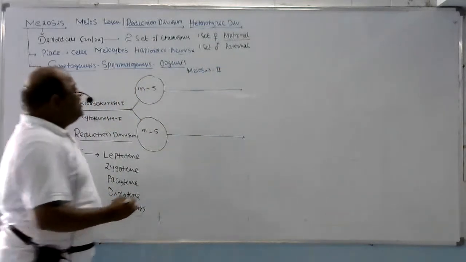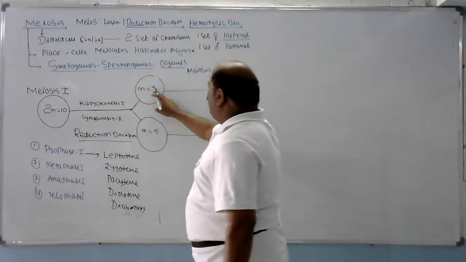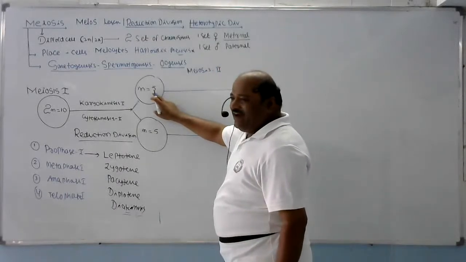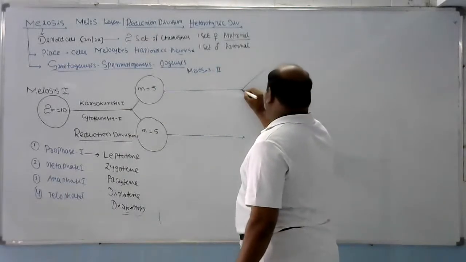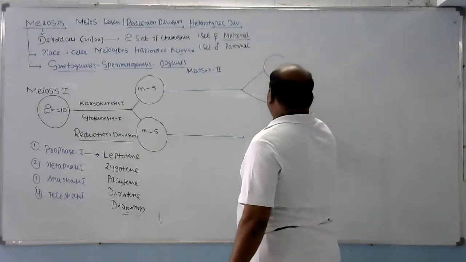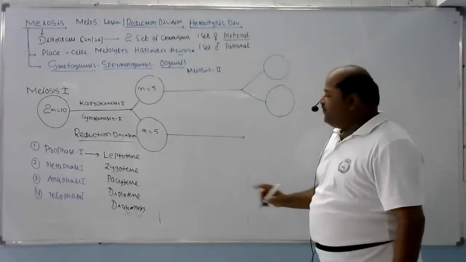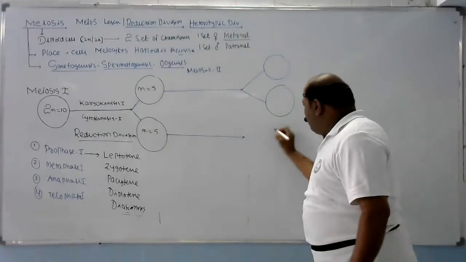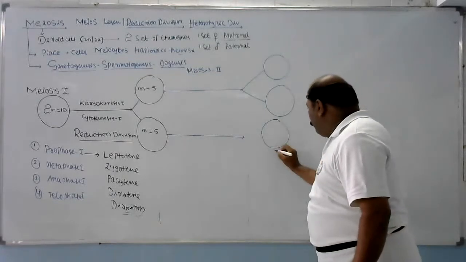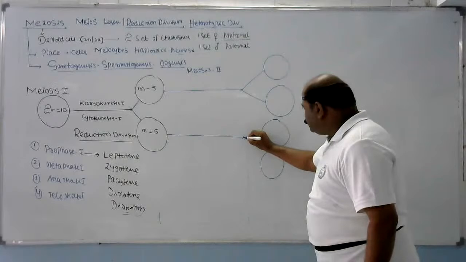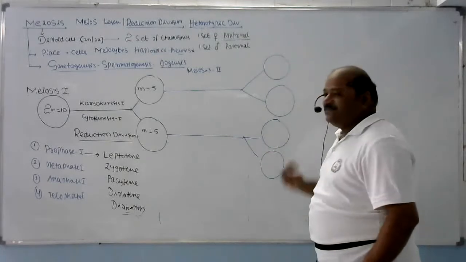In meiosis 2, once this cell is divided, we will get 2 cells. This is the other cell. Once it is divided, we will get 2 cells.